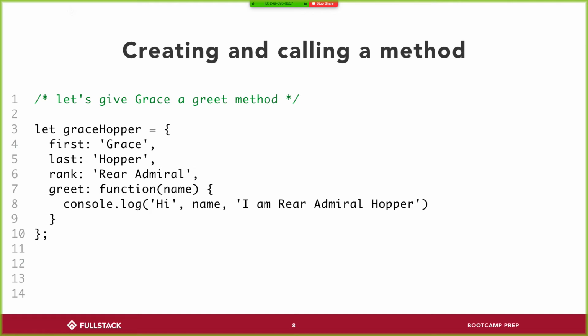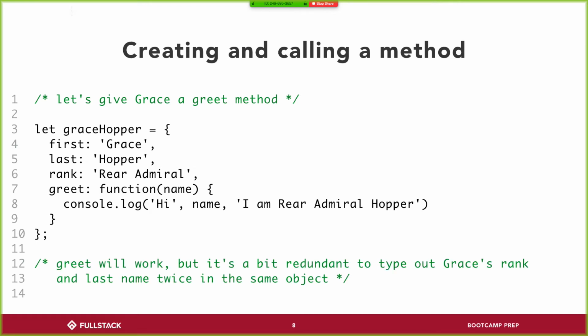So here, much similar to the previous examples, we have this method on the Grace Hopper object that takes a name and logs something. Greet will work, but it's redundant to type out Grace's rank and last name twice in the same object.